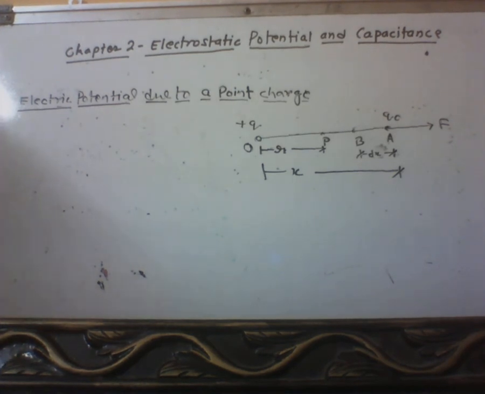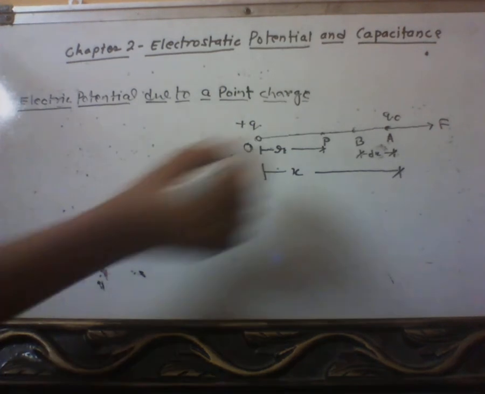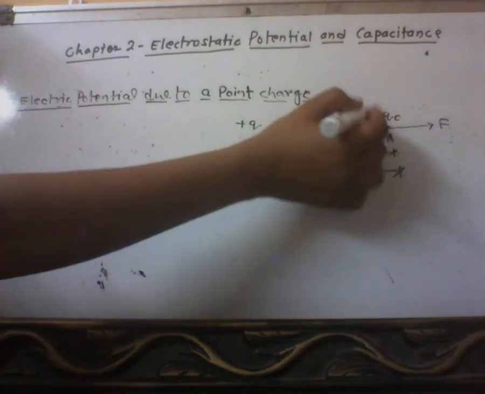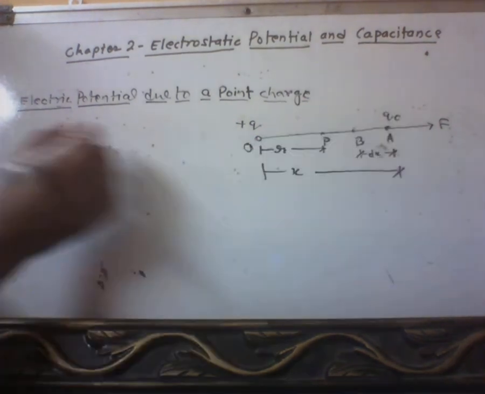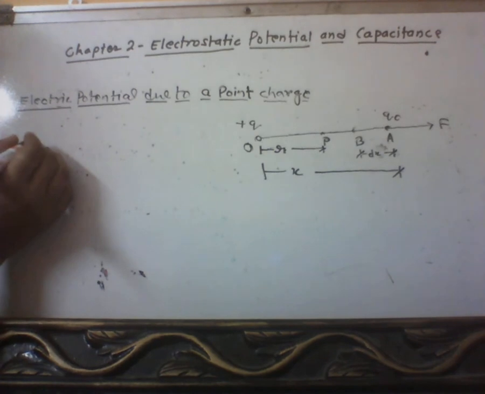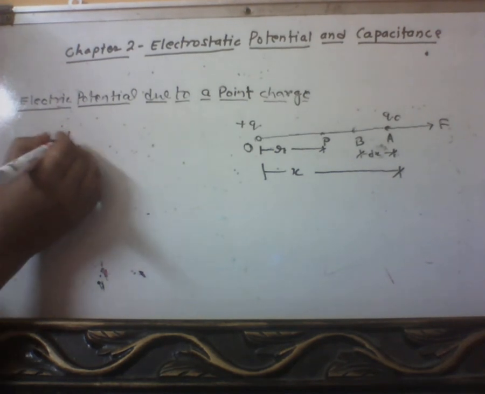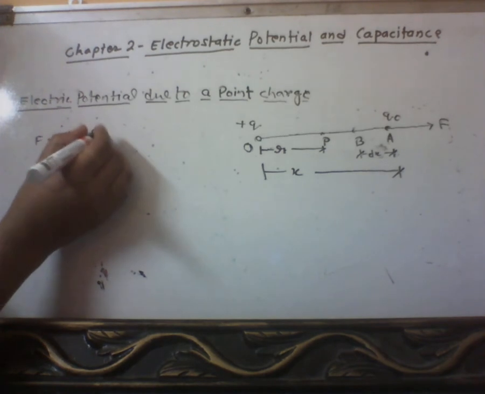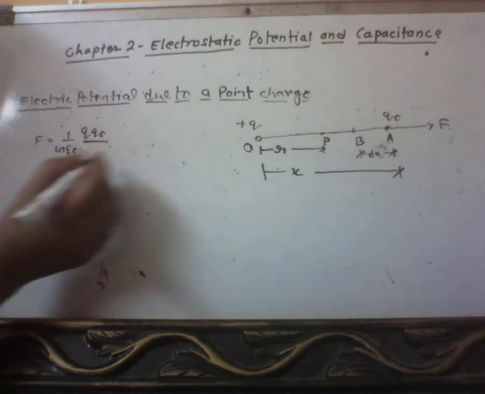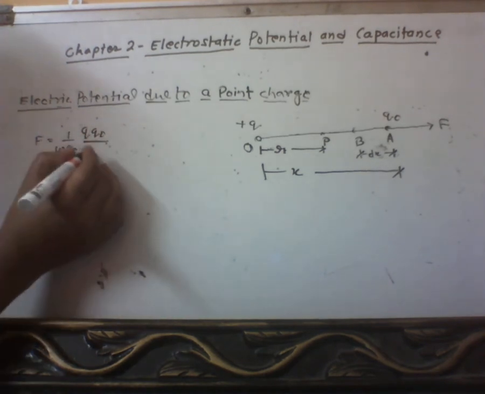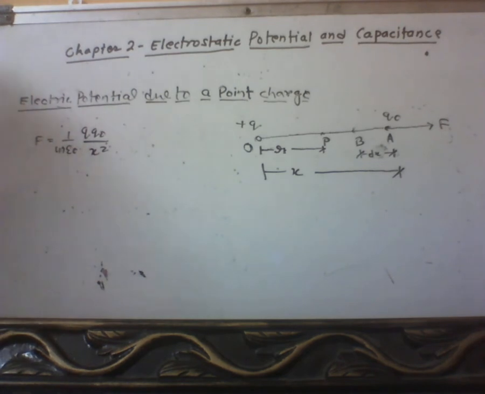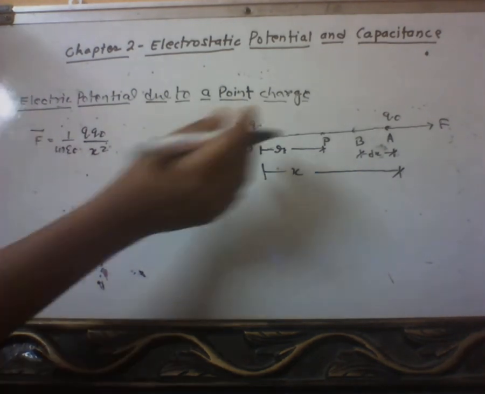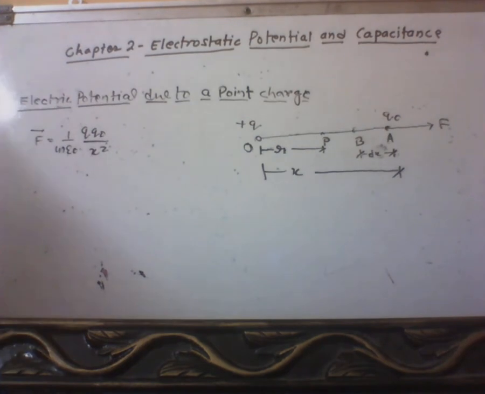For this, first we will calculate the force experienced by that charge Q naught, which from Coulomb's law is F equals 1 upon 4 pi epsilon naught Q Q naught upon x square, where the distance is x. Now the direction of F is away from this positive charge.